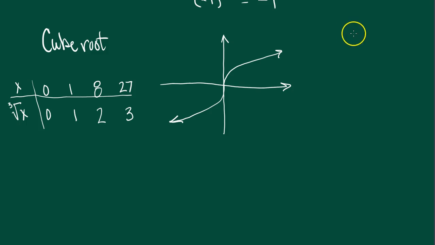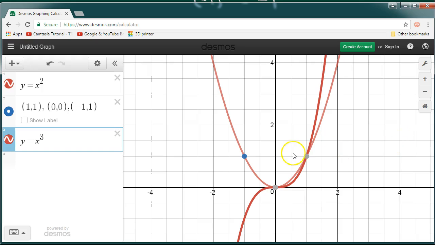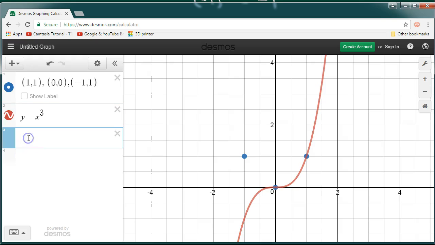Our real purpose here is to be sure that we understand and recall later the shape of this. So there's the cube root of x, domain, all reals, range, all reals. And let's go back to Desmos to look at that. Okay, now I'm going to erase x squared, and y is equal to x.